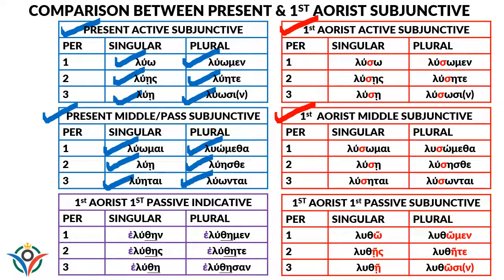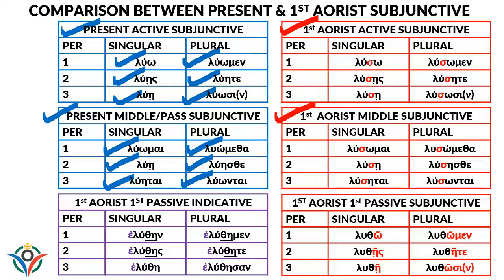The only difference, as you can see there, is that the first aorist active and the first aorist middle subjunctive forms are characterized by the tense formative, the sigma. So that's the only thing that distinguishes them. So learning the first aorist shouldn't be too difficult initially, because if you know the present subjunctive forms, then it's a matter of just adding the sigma or recognizing the sigma when you see it in the text.